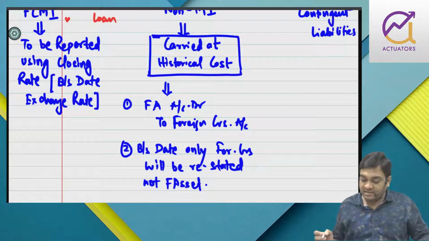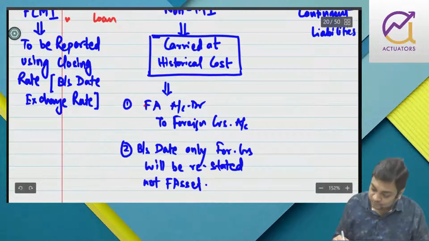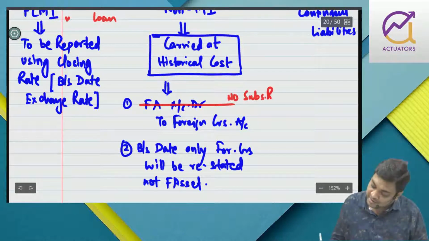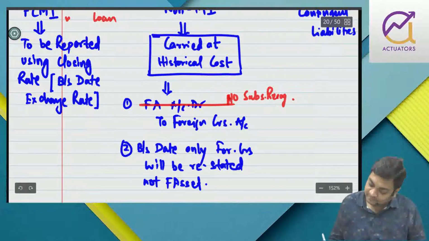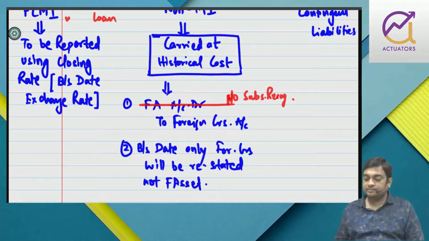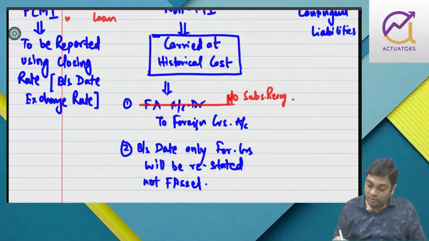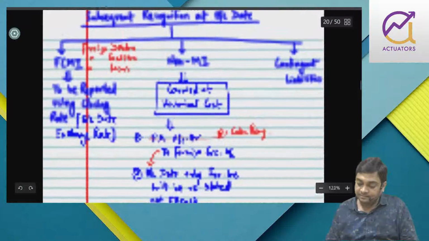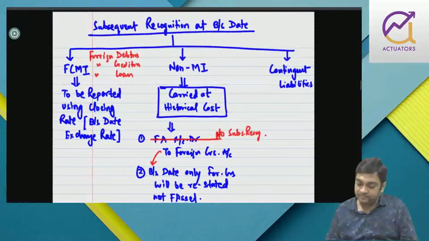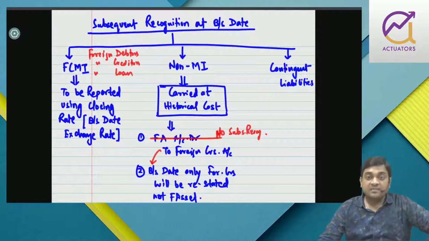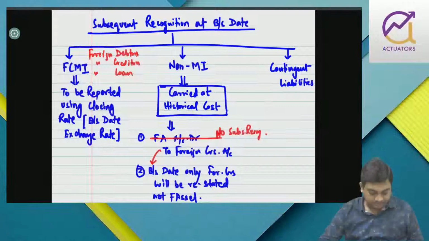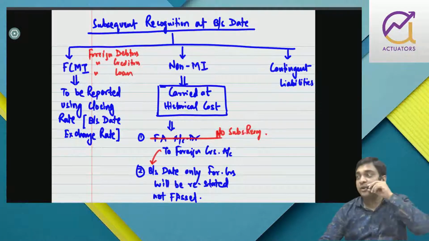Only foreign creditors. No subsequent recognition. Only this particular item will be restated. Is that fine? I guess this is absolutely okay with all of you.